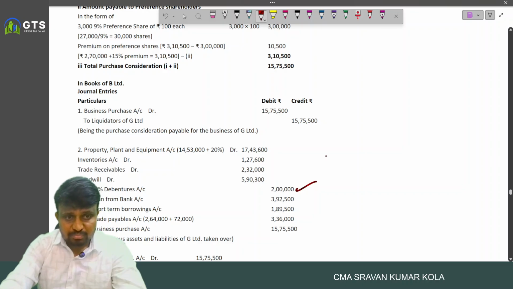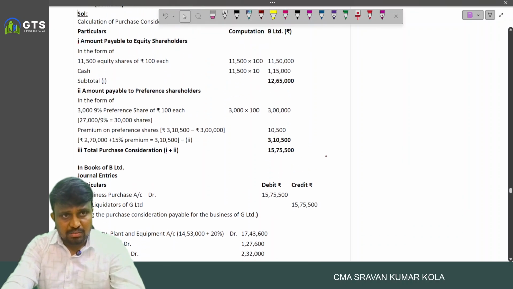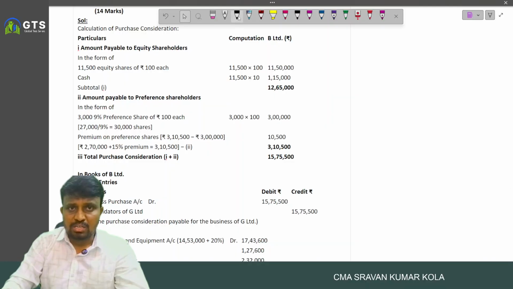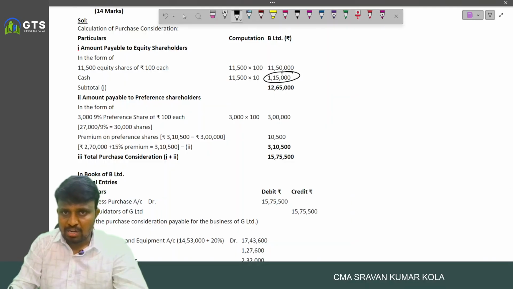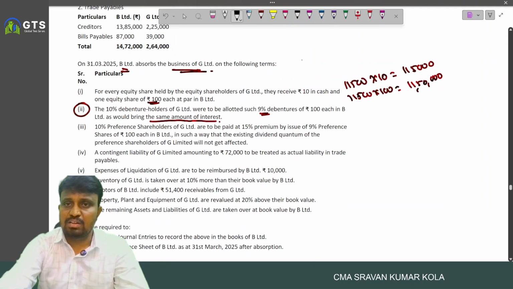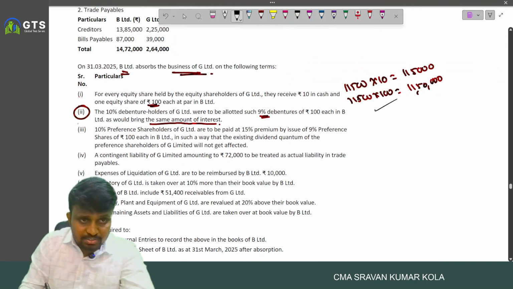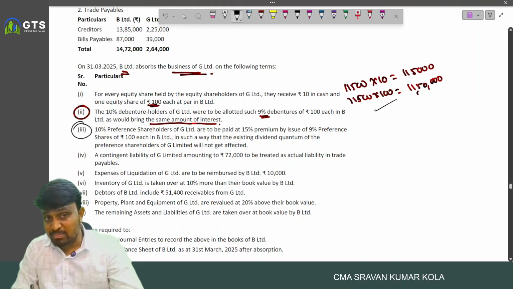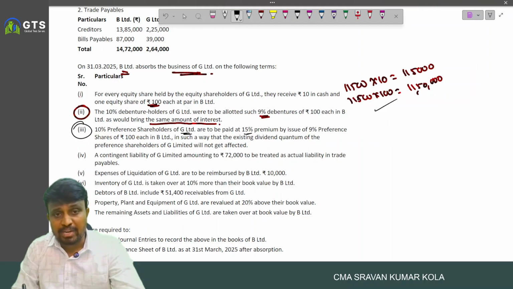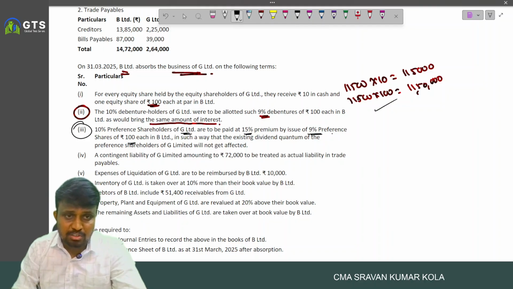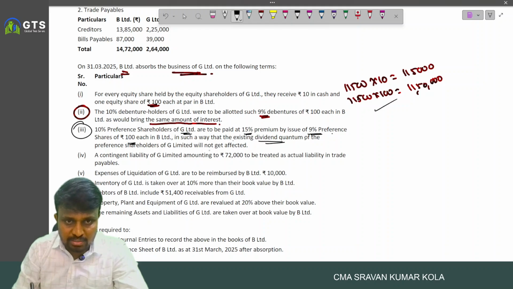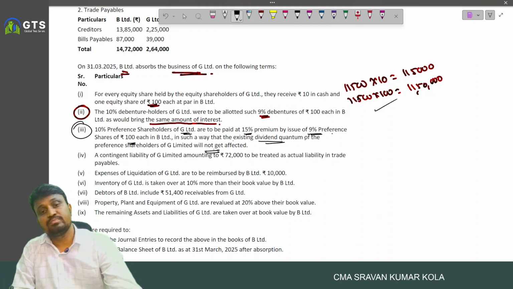Okay. And another one. What is the amount payable to the equity shareholders? 1 lakh 15 and 11 lakh 50. And this is the one. And next, preference shareholders. 10% preference shareholders of G Limited are to be paid at 15% premium by issuing 9% preference shares of 100 each in B Limited in such a way that the existing dividend quantum of the preference shareholders of G Limited will not be affected.